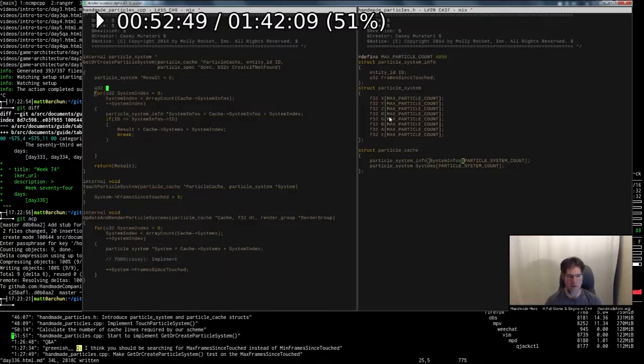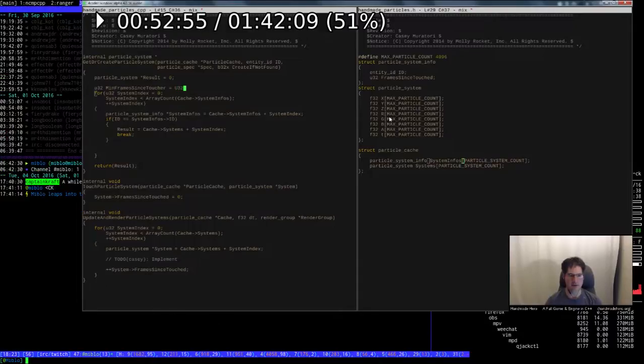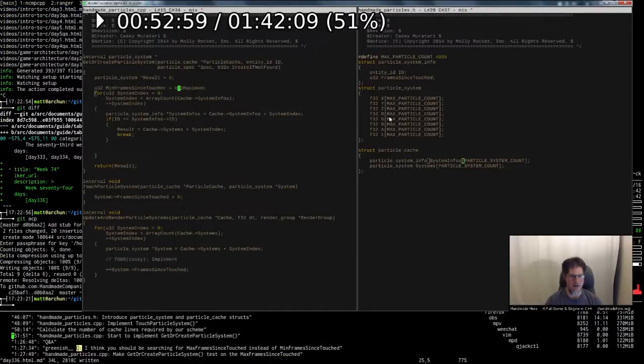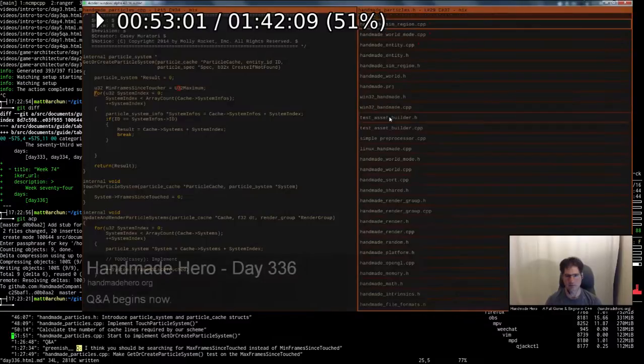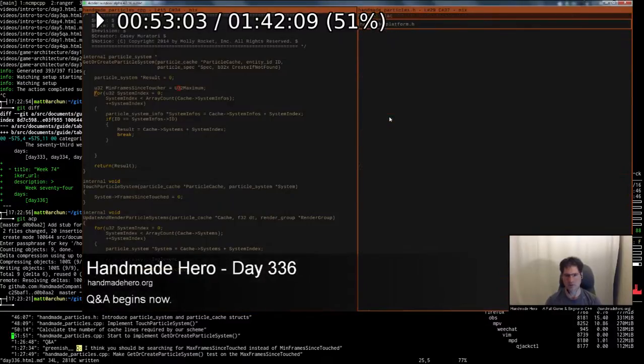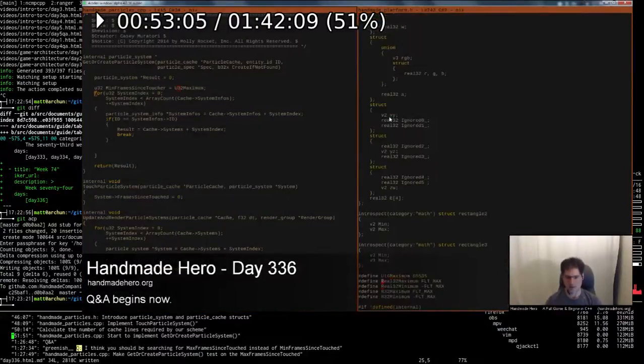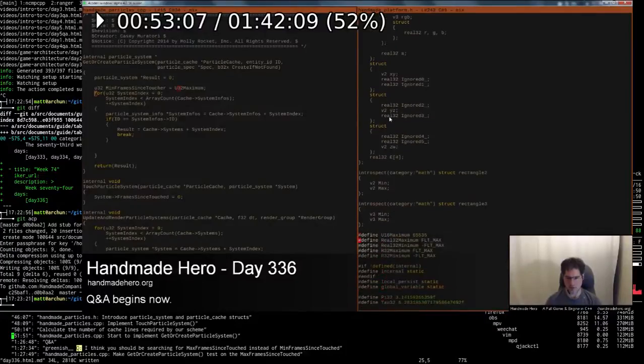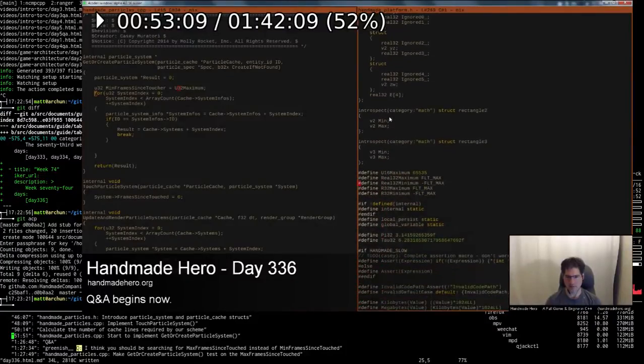So we would do min frames since touched, and that would be U32 maximum. Do we not have a U32 maximum? It looks like we do not have a U32 maximum.